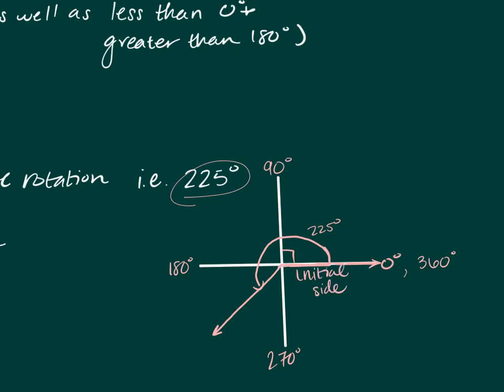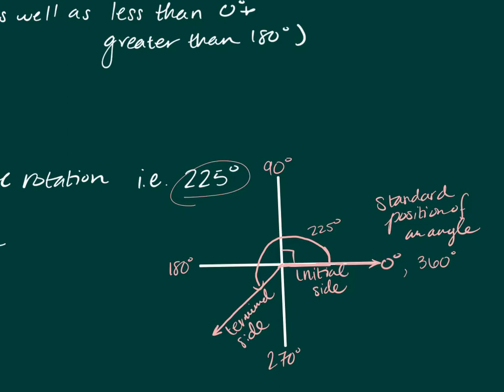This end side where the arrow ends is going to be our terminal side. And this drawing itself is the standard position of an angle. So whenever it asks you to draw in standard position, you do that.